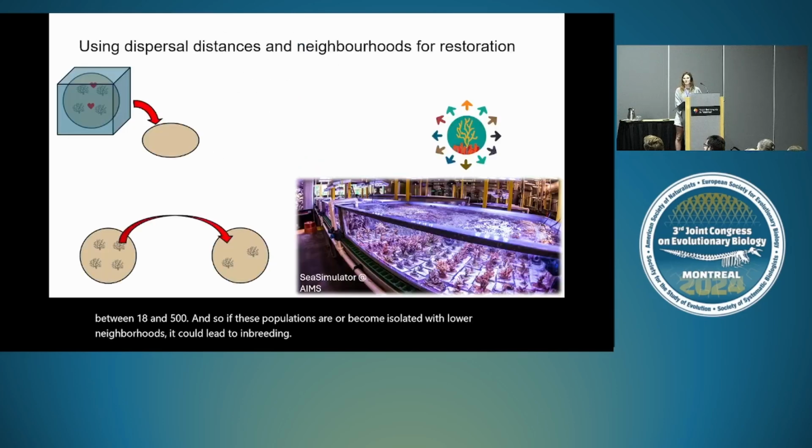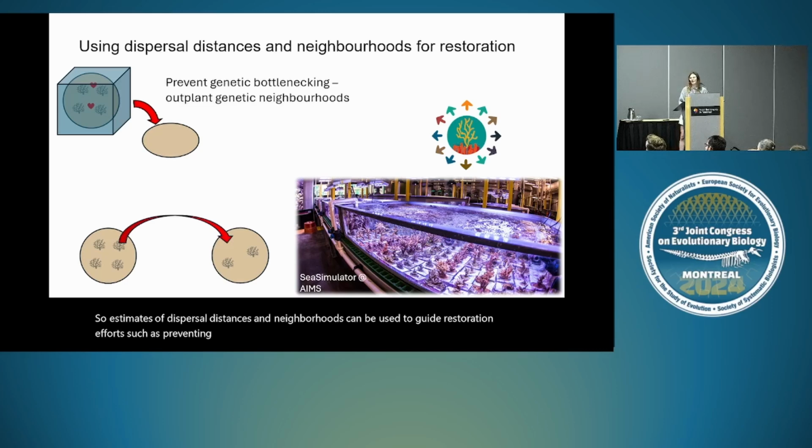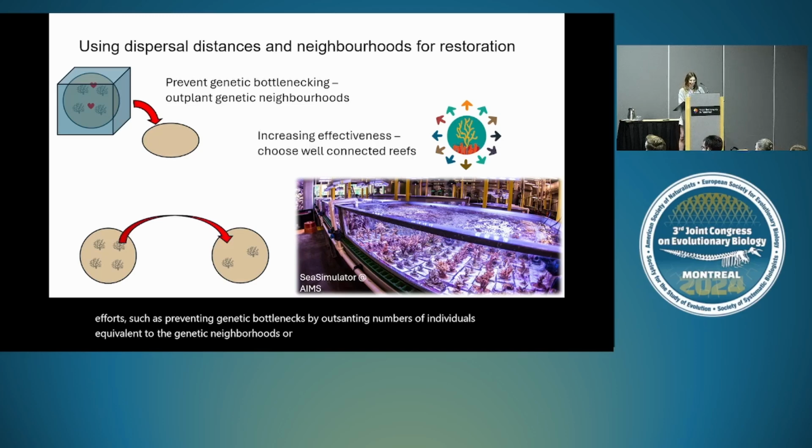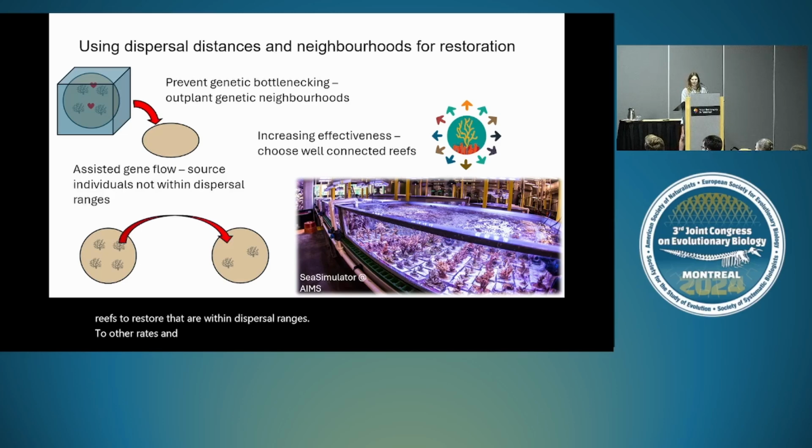Estimates of dispersal distances and neighbourhoods can be used to guide restoration efforts, such as preventing genetic bottlenecking by outplanting numbers of individuals equivalent to the genetic neighbourhoods or greater, increasing the effectiveness by choosing reefs to restore that are within dispersal ranges to other reefs, and assisted gene flow, sourcing individuals from reefs not within the dispersal ranges of the target reefs to outplant.